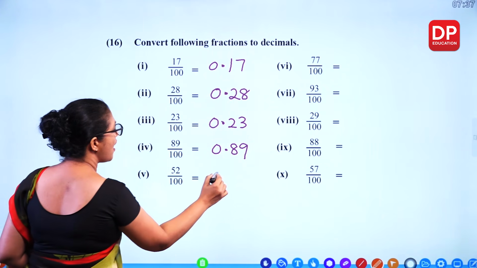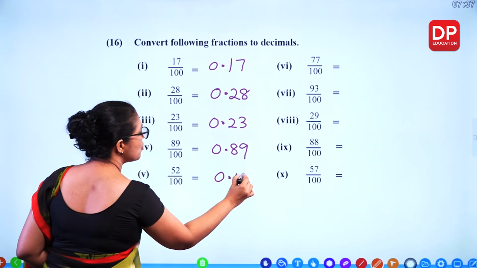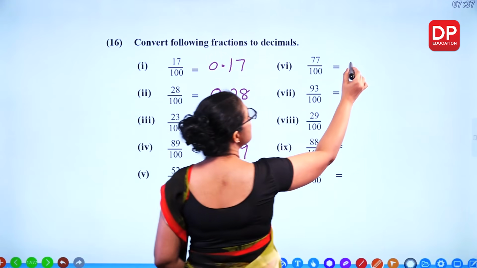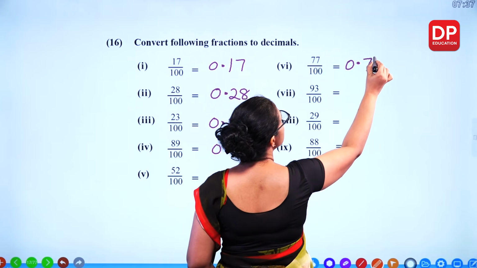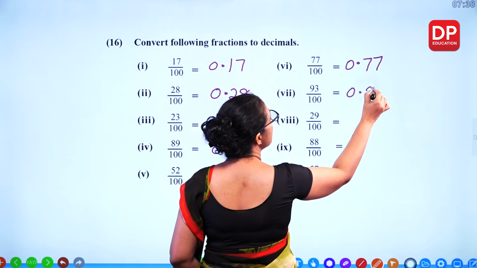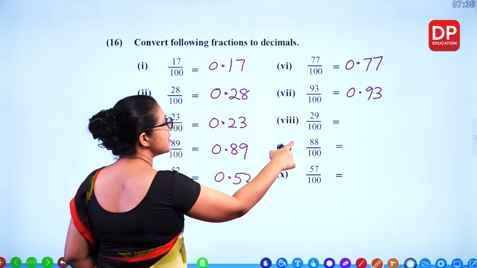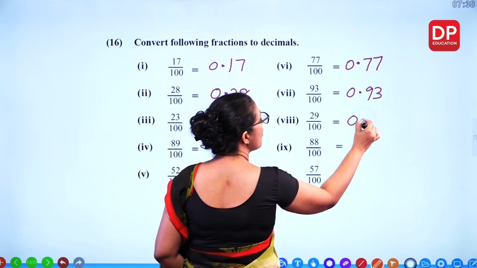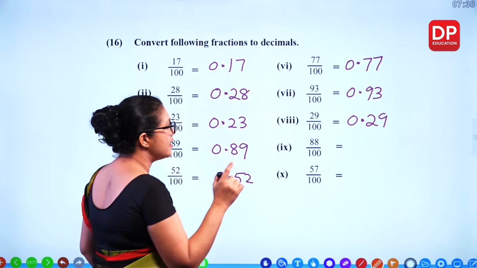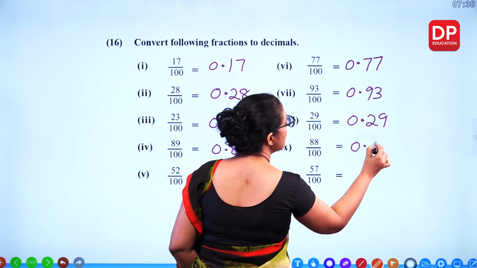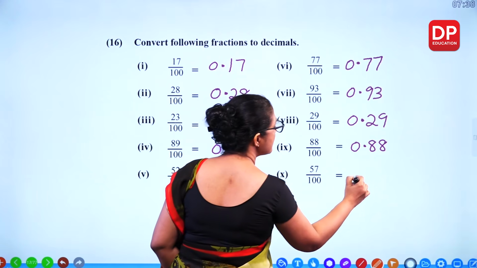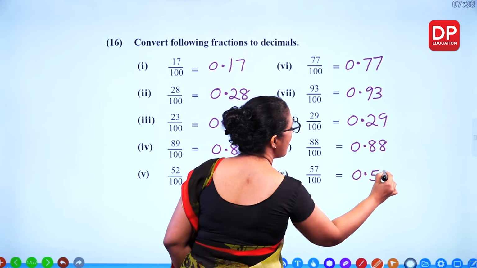And 52 over 100, 0.52. 77 over 100, 0.77. 93 over 100, 0.93. And 29 over 100, 0.29. And 88 over 100, 0.88. And 57 over 100, 0.57.